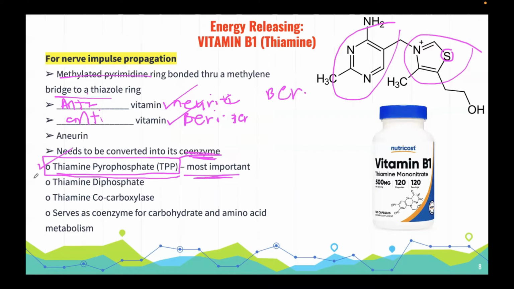Form number 1, form number 2, and then form number 3, thiamine co-carboxylase. Again, what are the three different forms of vitamin B1 thiamine? We have TPP, thiamine diphosphate, and thiamine co-carboxylase. Next, your vitamin B1 serves as a coenzyme for carbohydrate and amino acid metabolism. So please remember what the ma'am said: it can serve as coenzyme for carbohydrate and amino acid metabolism.